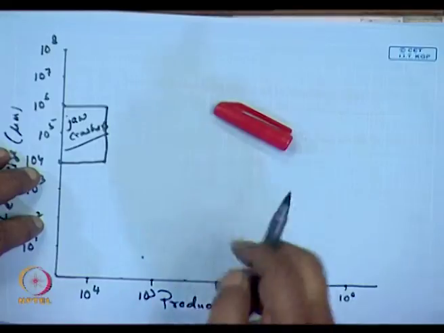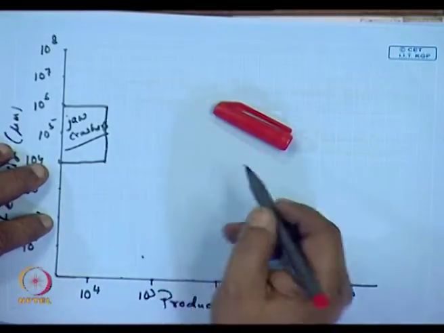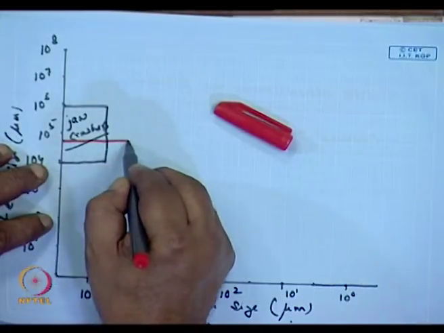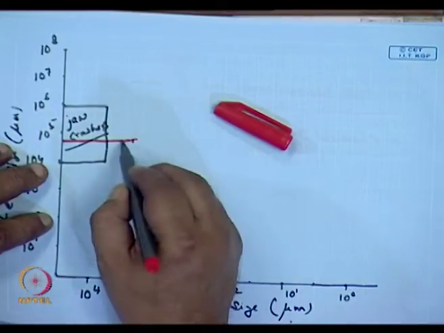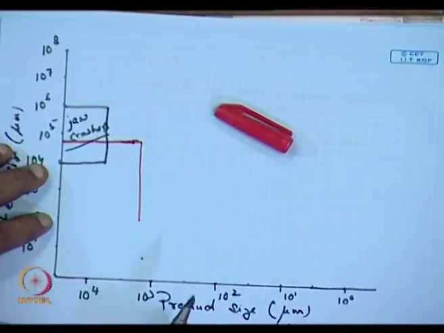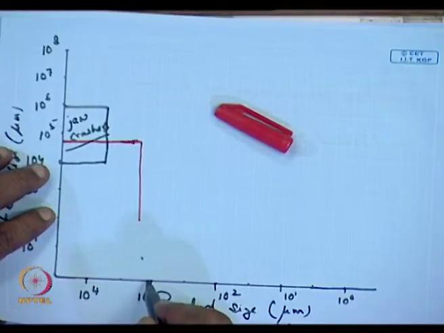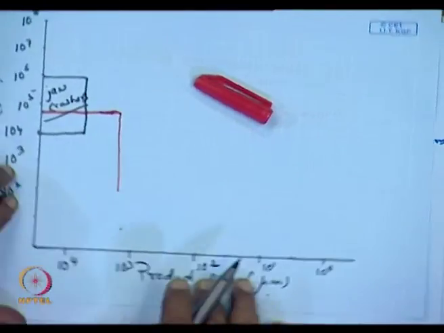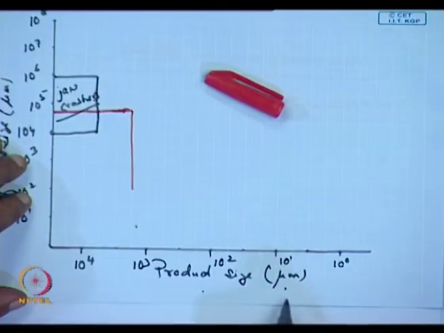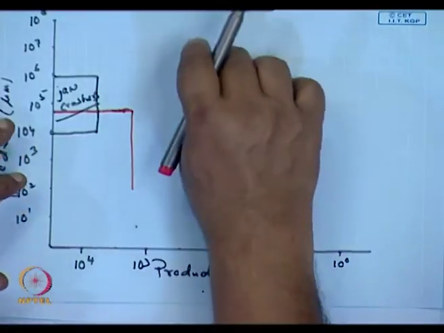So, over here after jaw crusher we have got roll crushers which operate up to 10 to the power of minus 3 meter, because this is a 10 to the power of 3 scale and this is the product size, micron sizes.